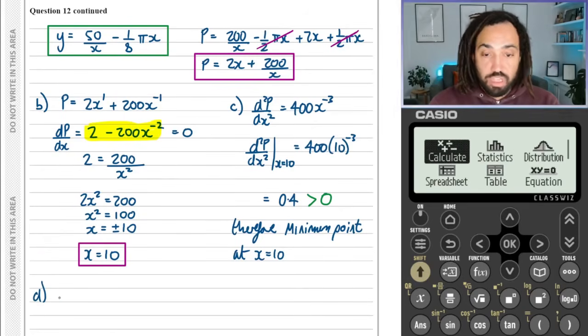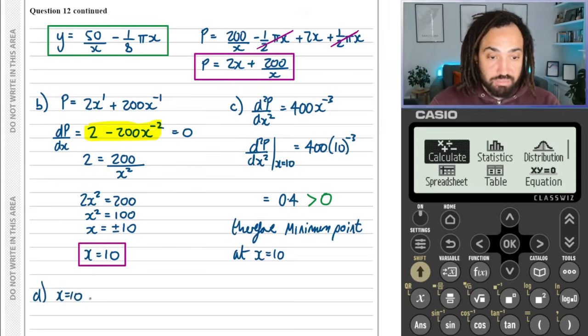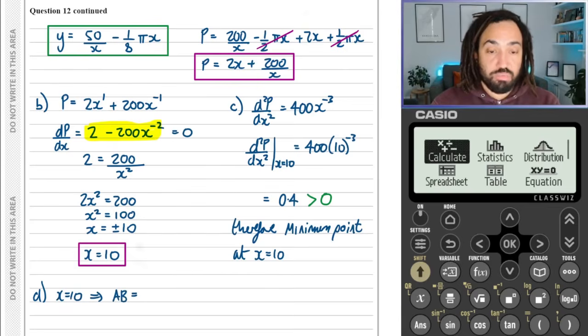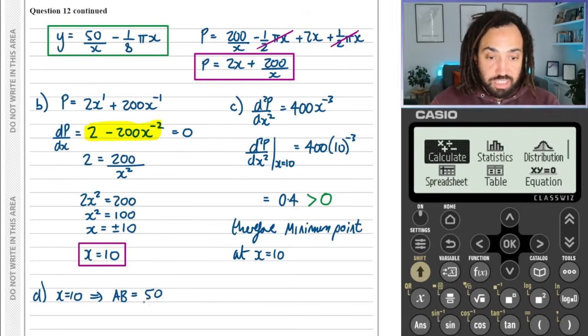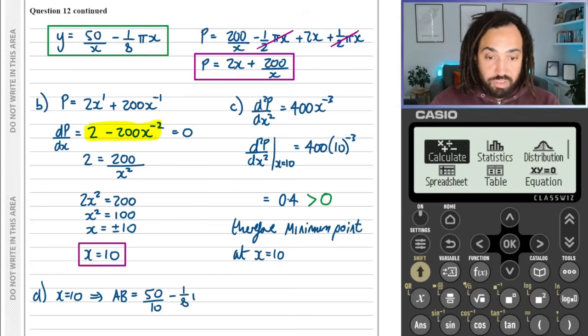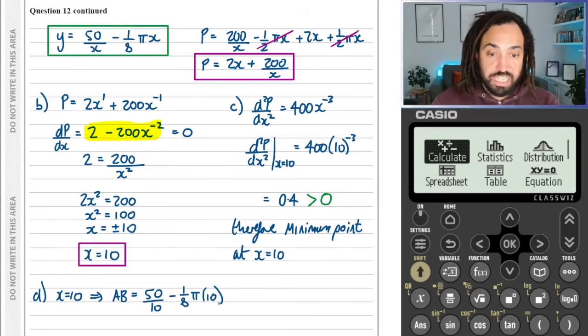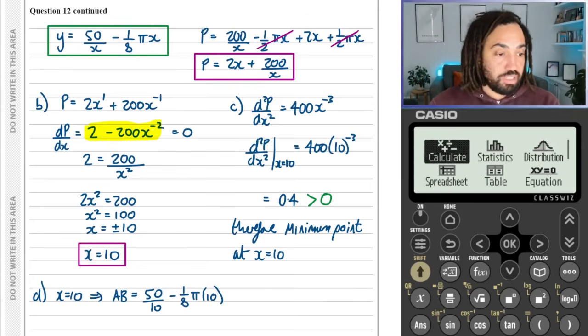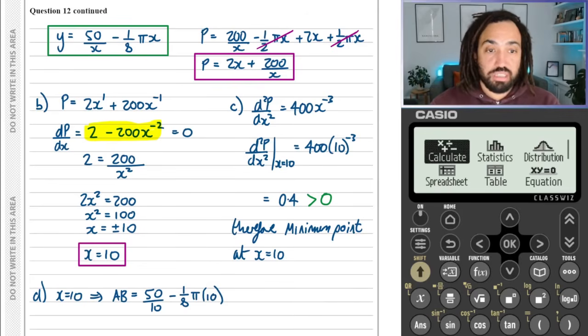Okay, so when x equals 10, AB is the Y value, which is going to be 50 over 10 minus 1/8 of pi times by 10. So that needs to go into our calculator to get that value.